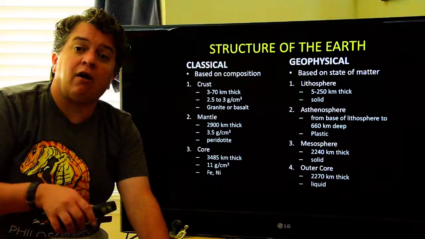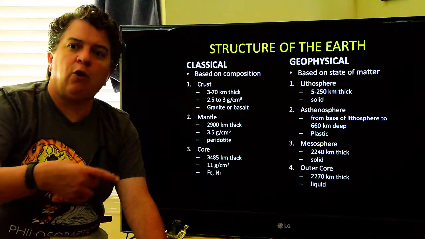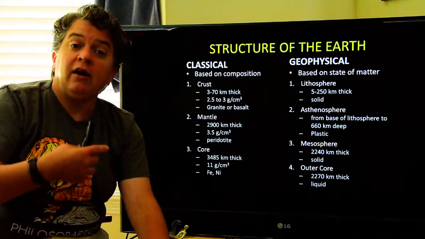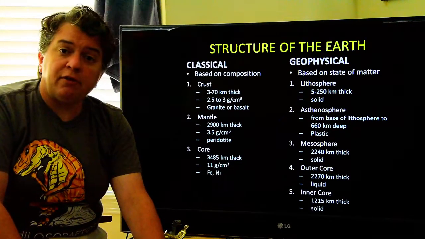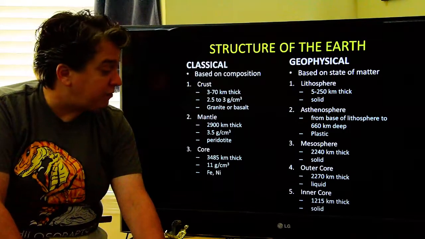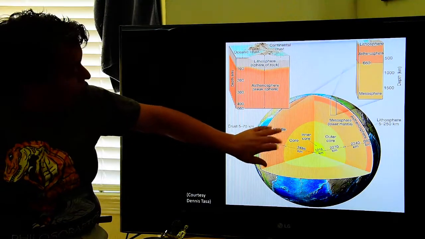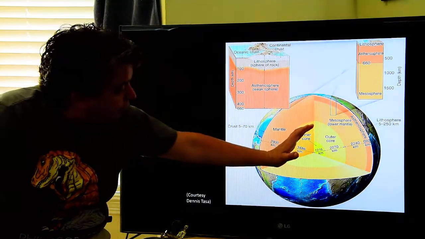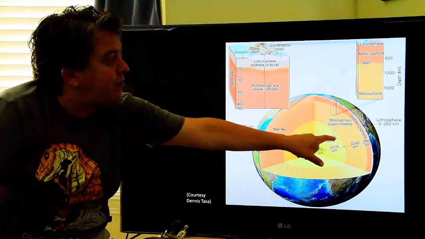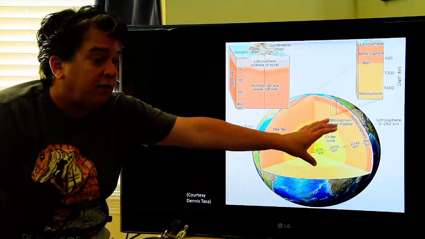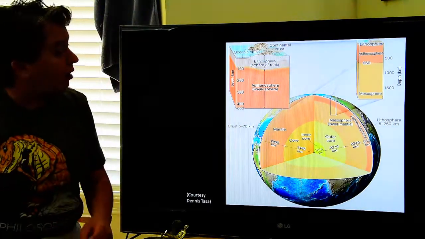That's what generates our magnetic field, because the flowing metals create an electrical field which generates the magnetic field of Earth. And then the absolute center part of the planet is solid. And we can see that on this diagram. We're comparing the crust, mantle, and core of the classic subdivisions to the lithosphere, asthenosphere, and so on of those geophysical subdivisions. So this is just comparing those two different perspectives of the Earth.